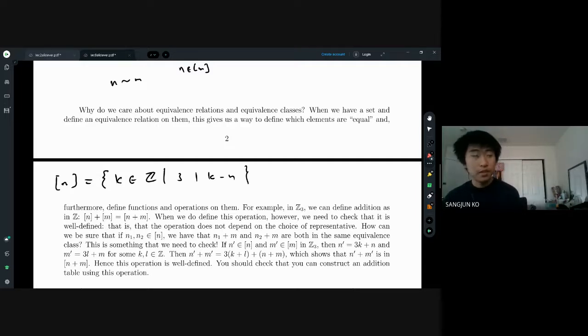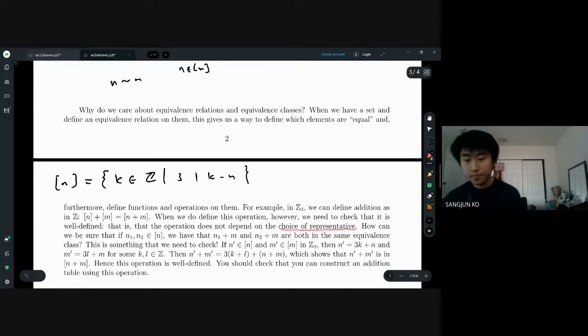But when we do define this, we need to check that it's well defined. When we say something is well defined, we need to check that this operation doesn't depend on the choice of representative.